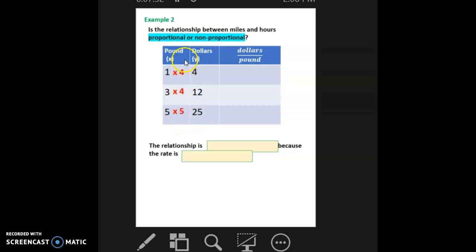So we can already tell that these numbers are different. Let's find the unit rate. Dollars over pounds, 4, 4, and 5. Good. And I just noticed I put a different unit here, but that's okay. The numbers still work. So the relationship is non-proportional because the rate is not constant.